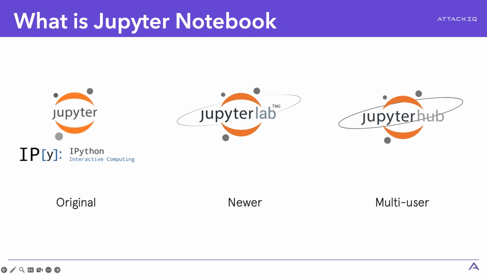Again, notebooks are essentially documents that have code in them, and we'll deep dive a little bit on what those are. But JupyterLab provides you a more integrated and extensible interface for developing and running code that allows you to work with multiple notebooks at the same time and terminals.